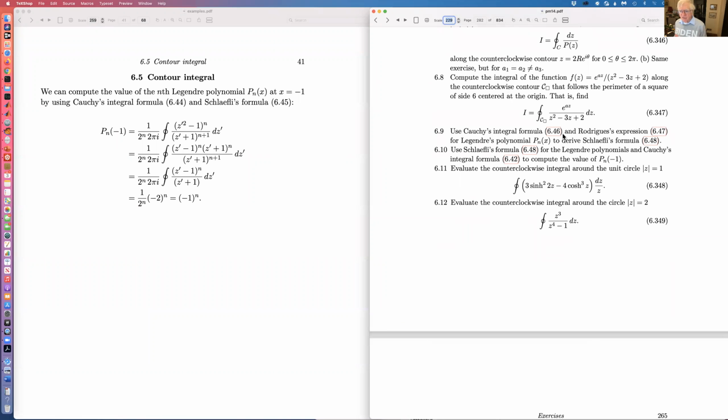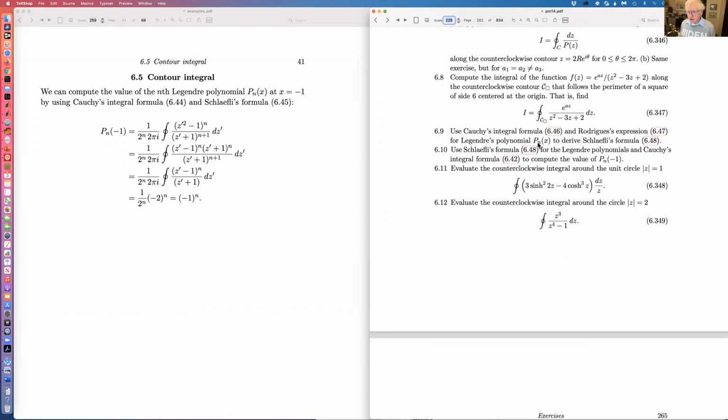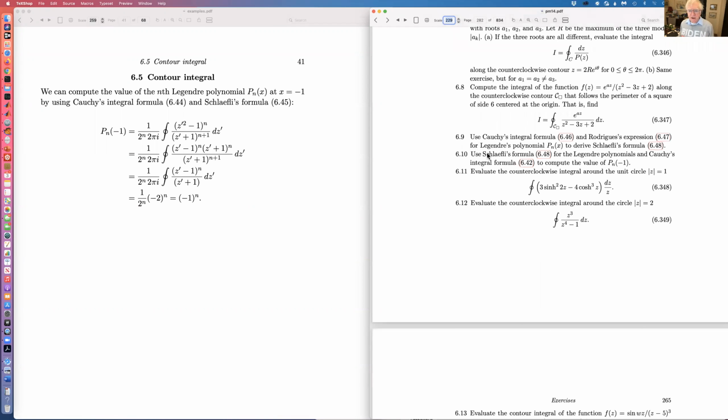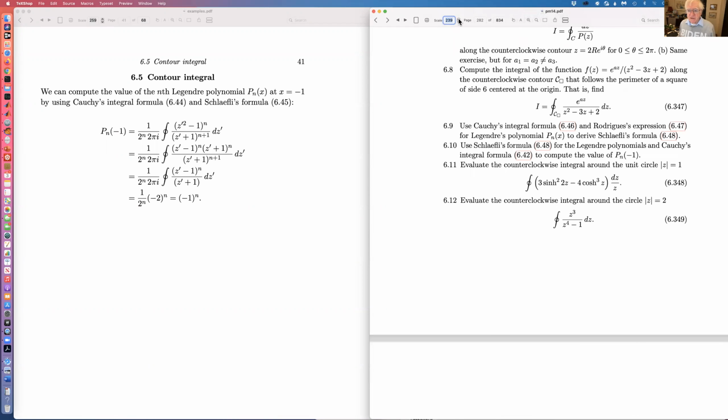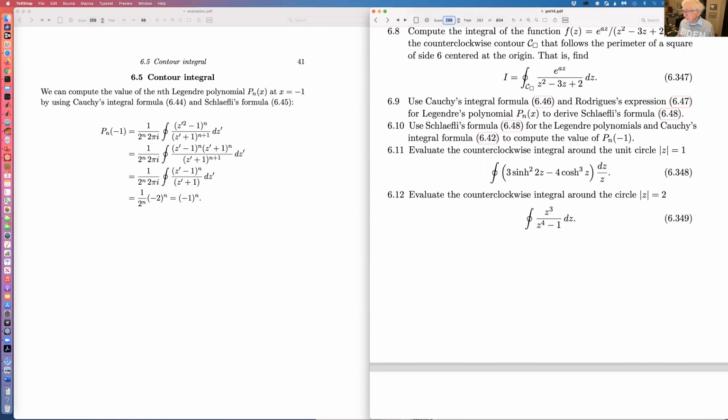Use Cauchy's integral formula and Rodrigues' expression for the Legendre polynomial to derive... no, it wasn't that, it was the next one. Use Schläfli. I think I assigned one of these as homework. So let's bring this up to big size again. The one I assigned for homework was 6-8.